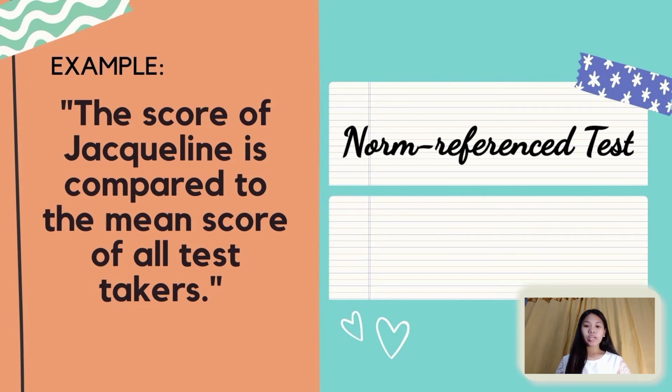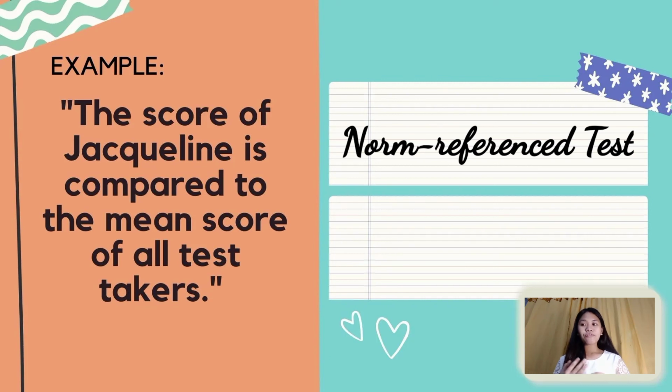Why? The keyword here is the mean score. The mean score refers to the average score of the whole class. So if the score of Jacqueline is compared to the mean score of all the test takers, it means that the score of Jacqueline is compared to all the scores of the class.